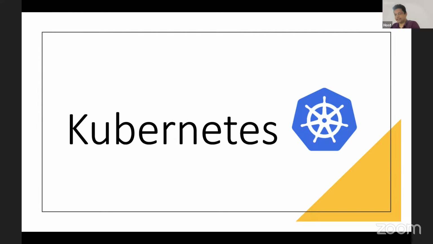In the previous session, I covered in depth Docker and the architecture of Docker, and how to package your application in the form of containers, and then how you can teleport these containers to different machines with the help of a Docker registry.